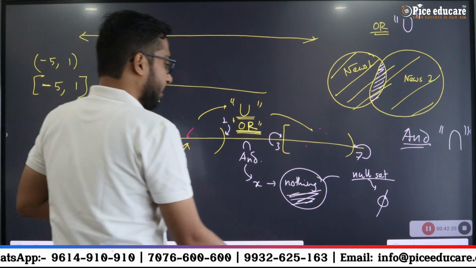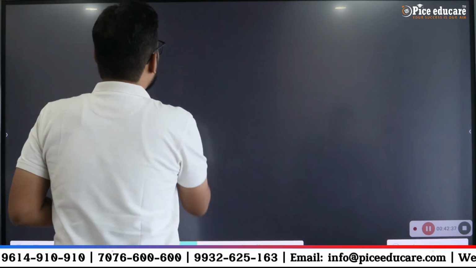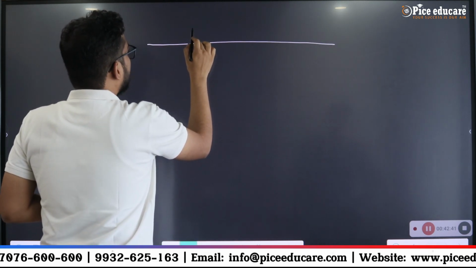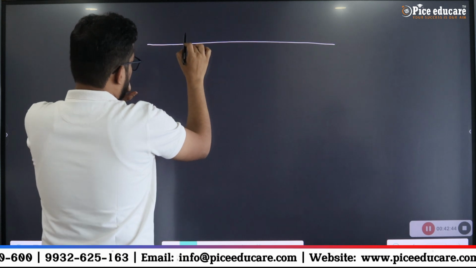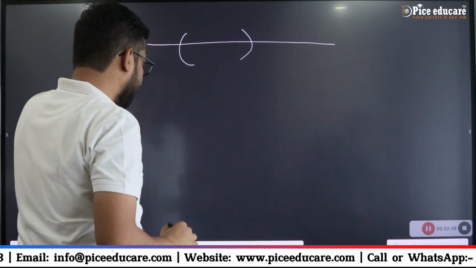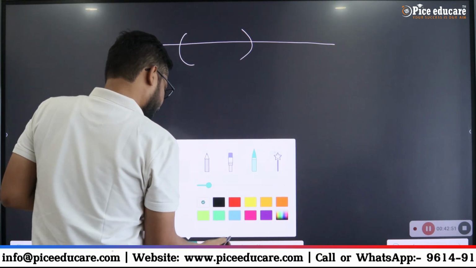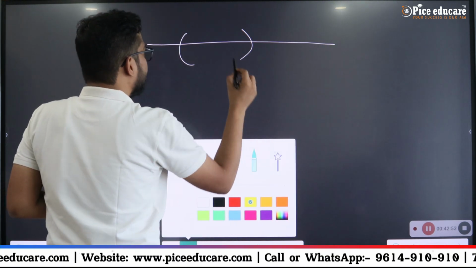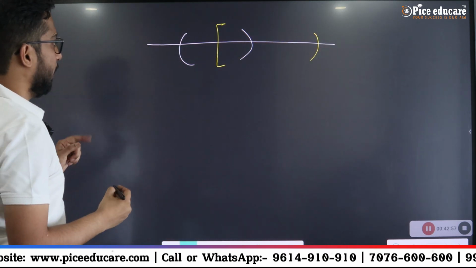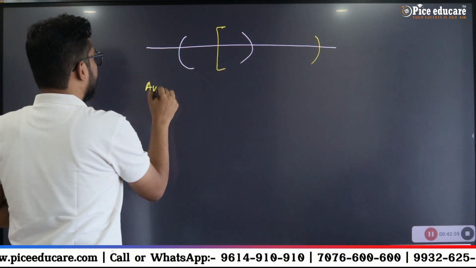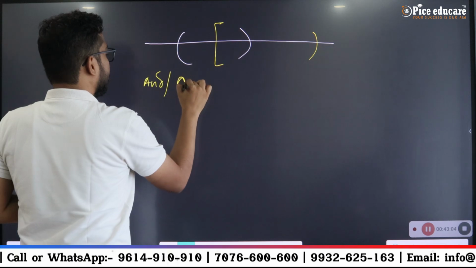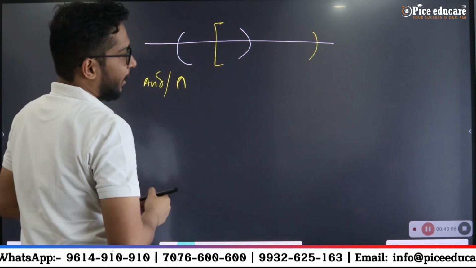But if I am talking about this kind of scenario, where you have your first interval like this, and you have an interval like this, then AND or intersection has a meaning. Why?